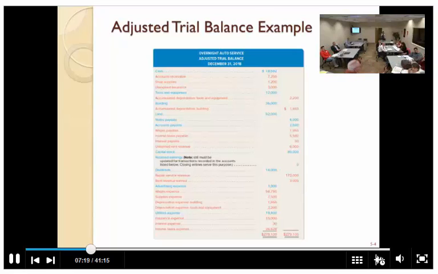We recognize revenue at the time of the sale even if people don't pay us until later, and if I incur expenses but don't pay for them, that creates payables.